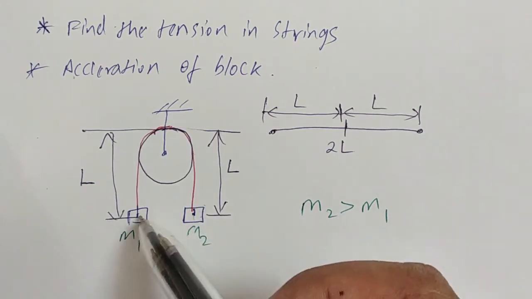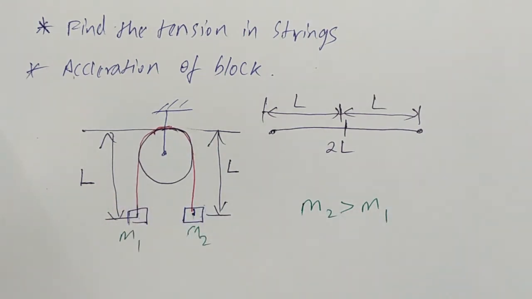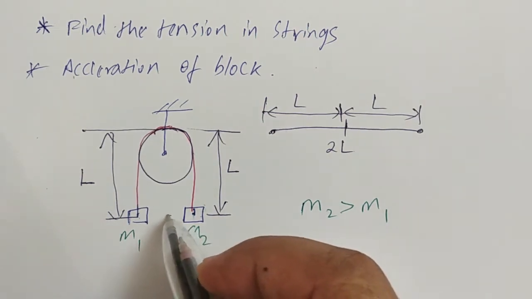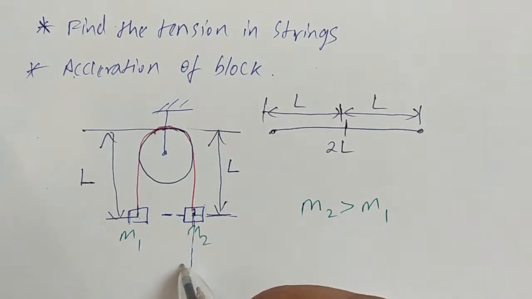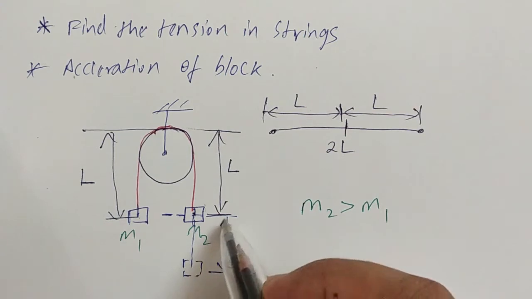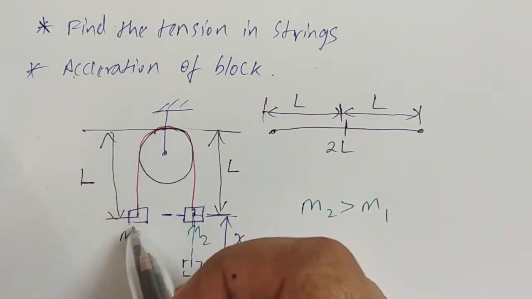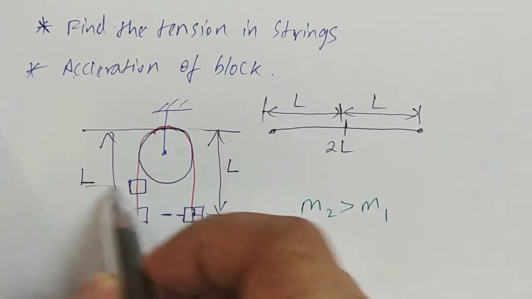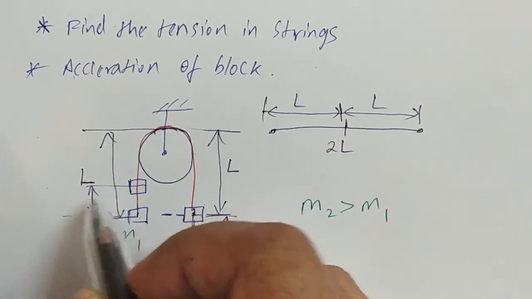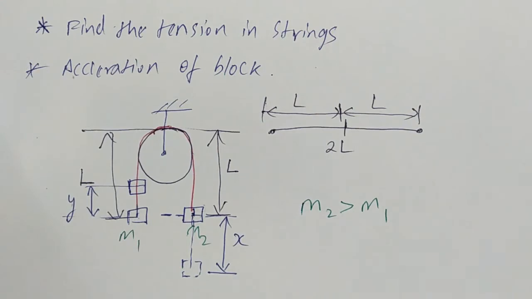It will move in this direction such that this will move upward. So in that situation, let us assume that this weight has moved by a certain distance, that is x, and in turn this weight has risen by a certain height, that is, let us consider it to be y.